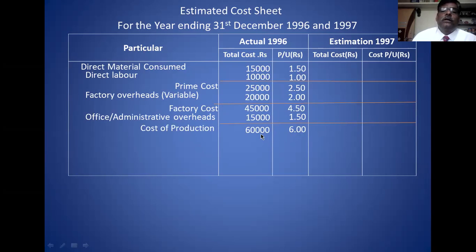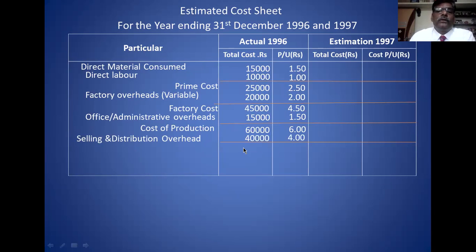Cost of production is 60,000 total, per unit 6 rupees. Then add selling and distribution overhead. This is variable. Amount is 40,000, divided by 10,000. This is 4 rupees. So total is 1 lakh. It is called cost of sale. Cost of sale is total 1 lakh, per unit is 10 rupees.